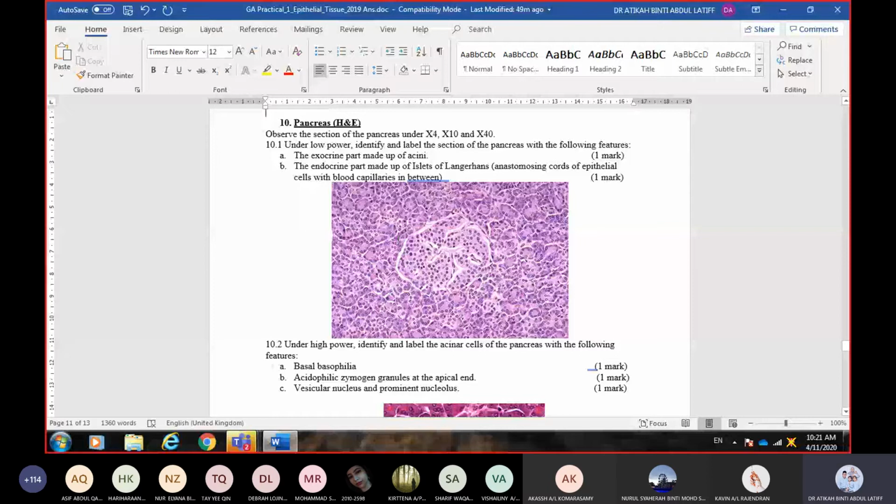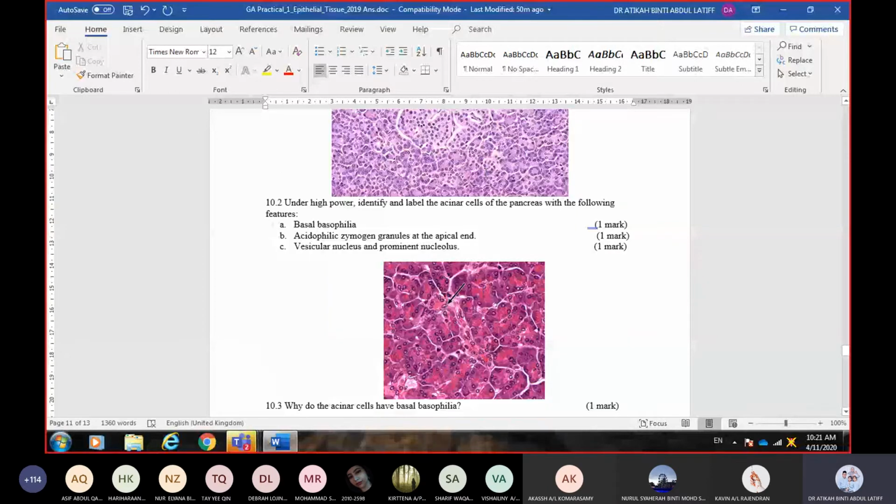If you focus on the cells of the acini, they are made of basophilia, acidophilic zymogen granules at the apical end, and vesicular nucleus and prominent nucleolus. This is under low power, so we can't really see the zymogen granules and so on.